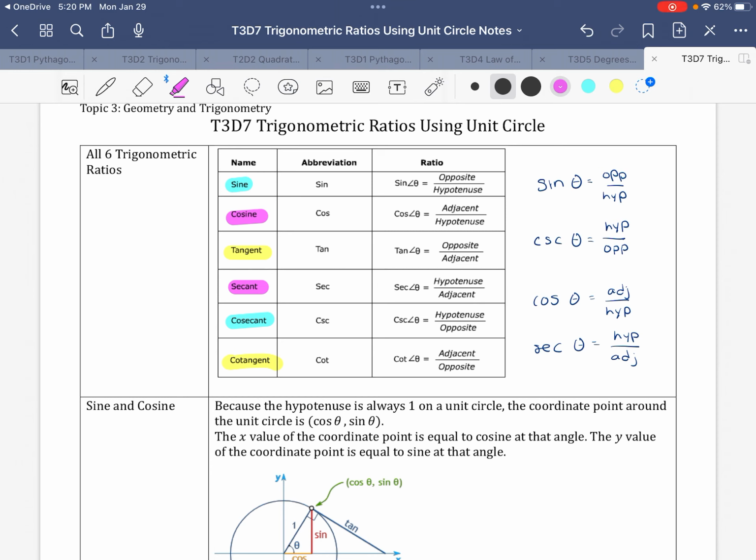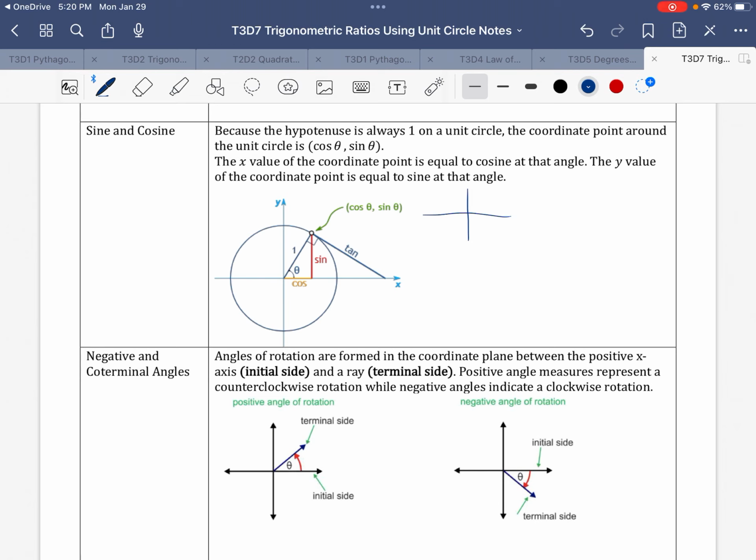If we have our unit circle and I have my 30-degree angle here, at this coordinate point, I know that we have root 3 over 2 and 1/2, which makes my x value root 3 over 2, and my y value 1/2, and my hypotenuse is 1.